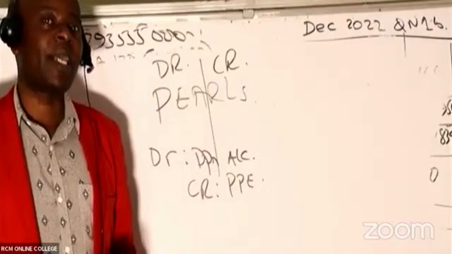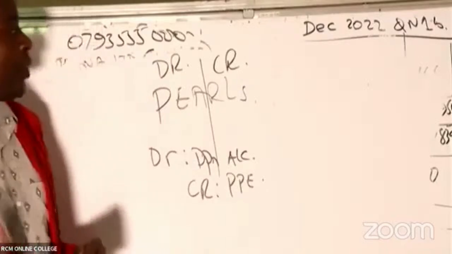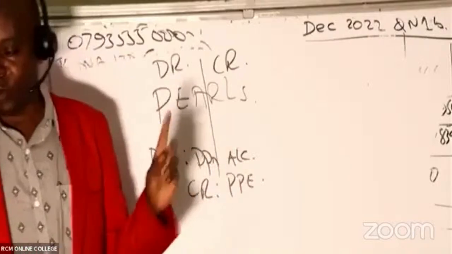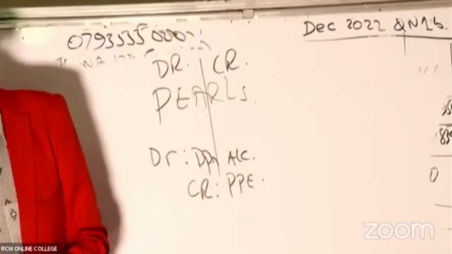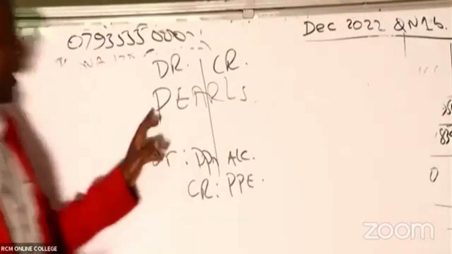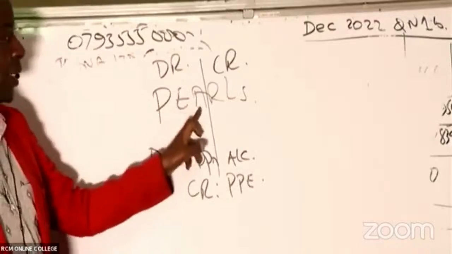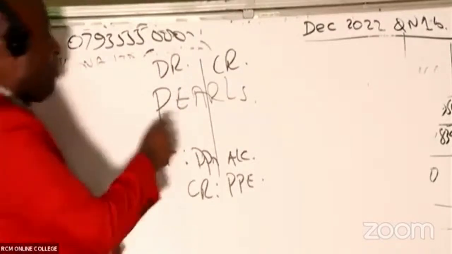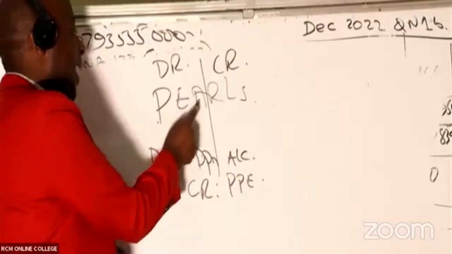As an accountant, you need to be very, very good in terms of this. PAL: P is purchases, expenses, assets.